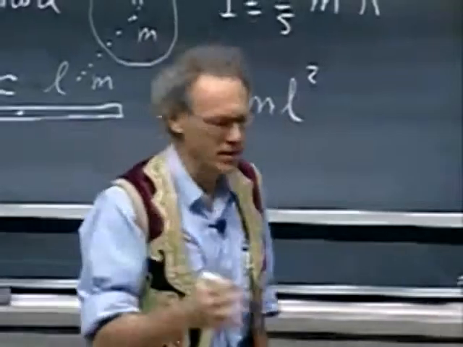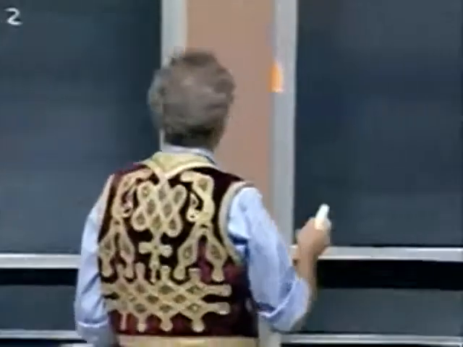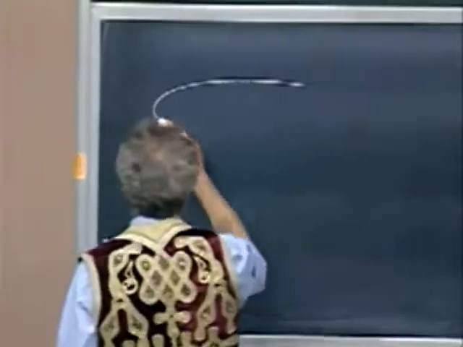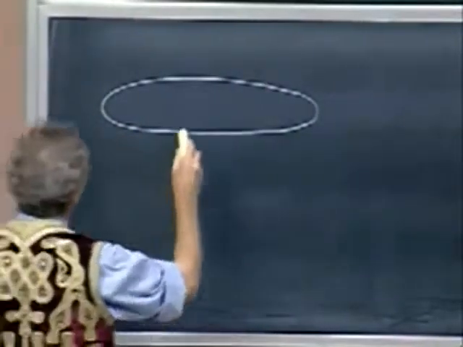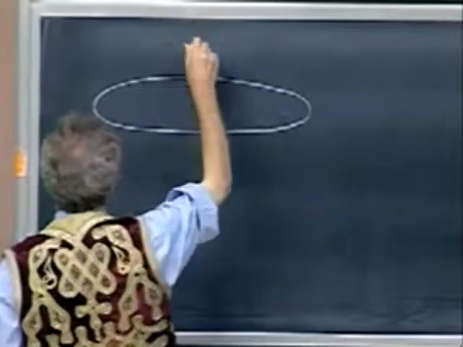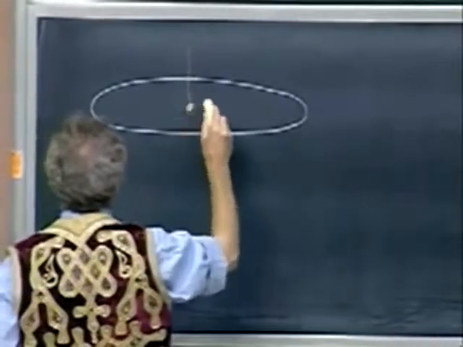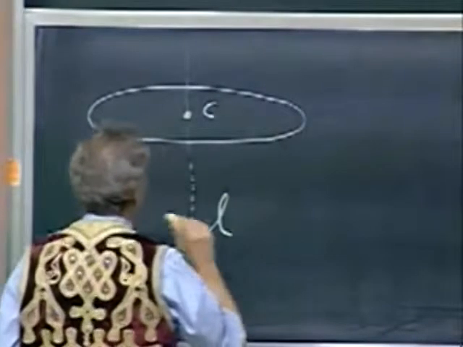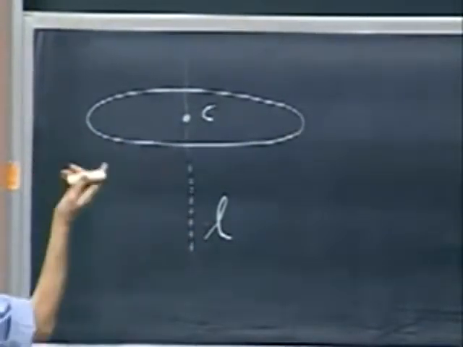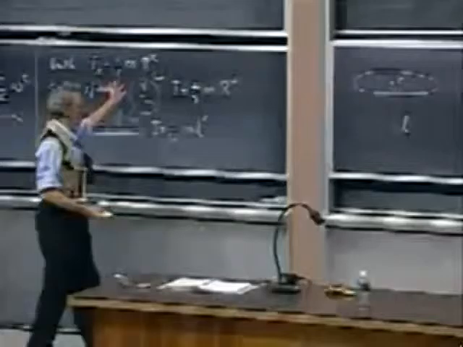Suppose we have a rotating disk, and I will make you see the disk now with depth. So this is a disk, and we just discussed the rotation about the center of mass, and I call this axis L. And so it was rotating like this, and it was perpendicular to the disk.